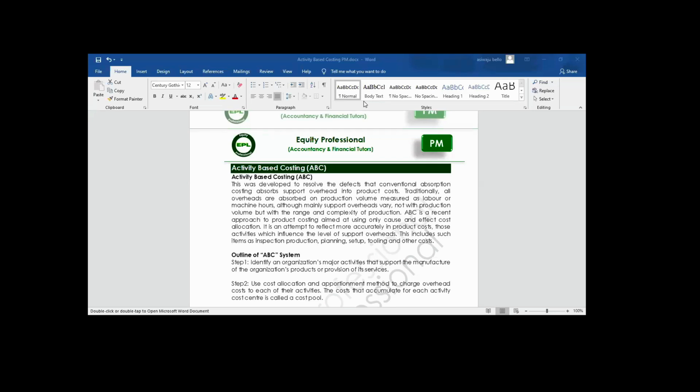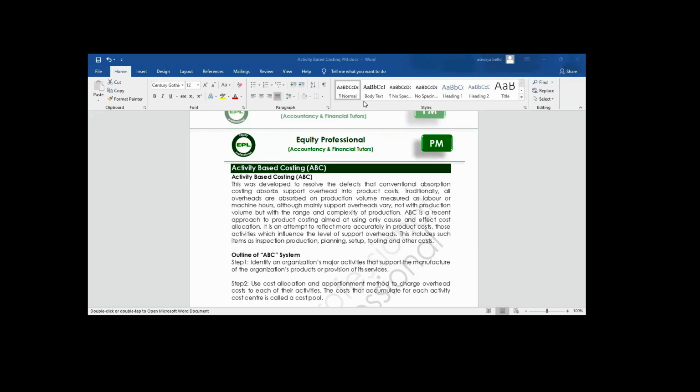The production volume could be labor hours or machine hours. Under the traditional costing method, overhead costs are absorbed using production volume. To correct this deficiency, activity-based costing was developed.